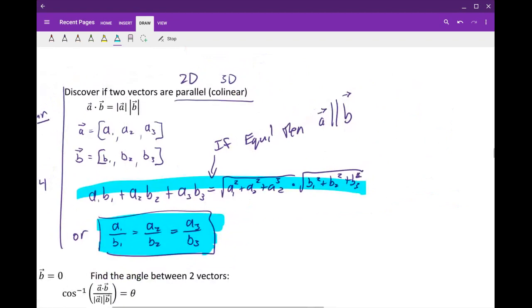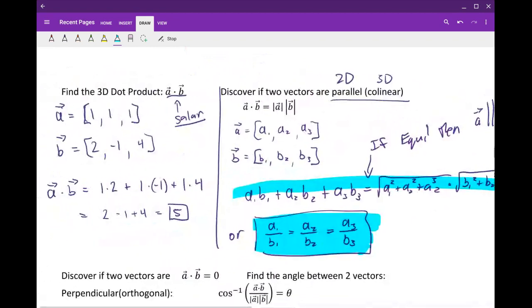Just an example. For example, we've got these two vectors here, A and B. I can now immediately, quickly tell that these two vectors are not parallel because 1 over 2 is 1 over 2, but 1 over negative 1 is not equal to 1 over 2.